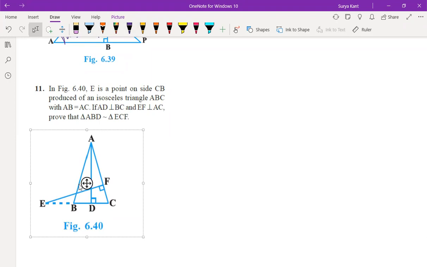If AD is perpendicular to BC and EF is perpendicular to AC, prove that.